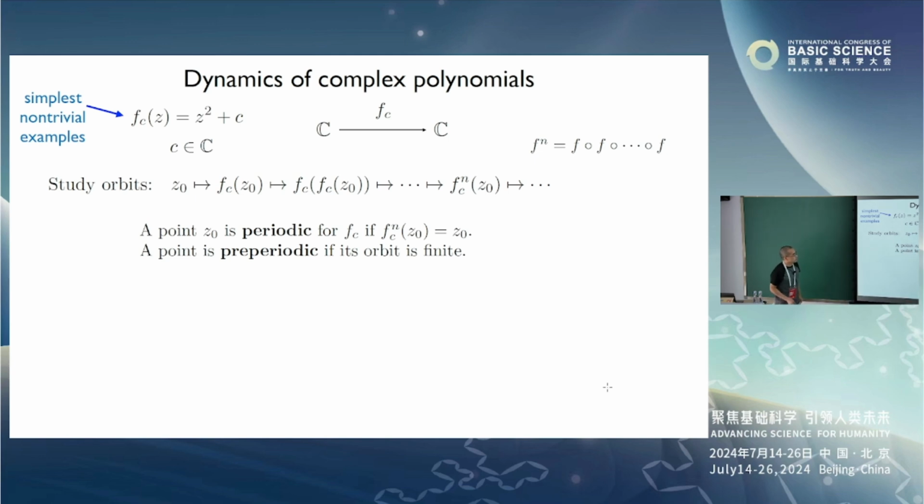The point is periodic if some iteration of z naught gets back to itself, and a point is preperiodic if its orbit is finite. You can imagine these are the easiest points in the dynamics, because they have a finite forward orbit, and they are very important in dynamics too.